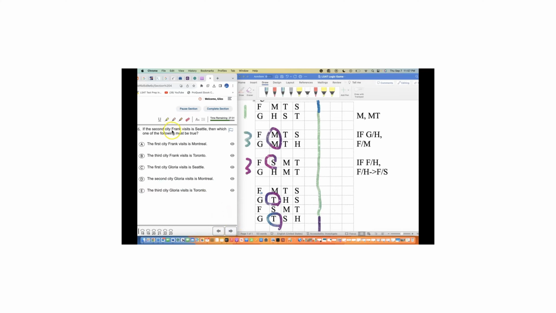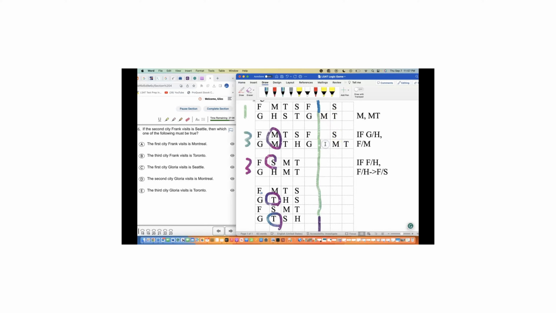If the second city Frank visits is Seattle, I don't see it anywhere here. So let's go ahead and symbolize F, G here. Now, since we're so close to getting almost done here, I have Seattle here, which means I'm going to put Montrose here and Toronto here.